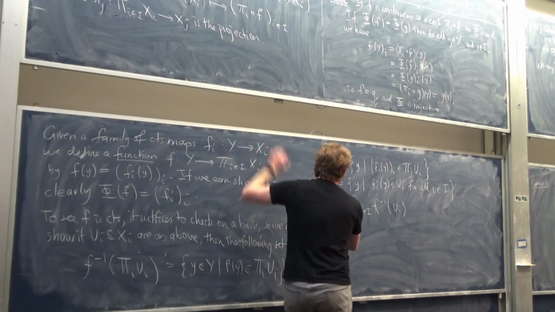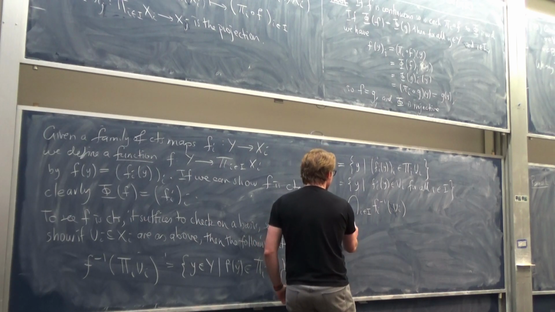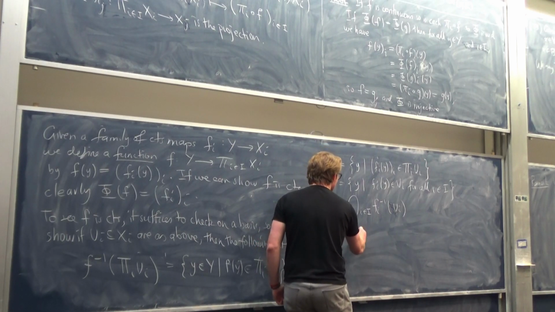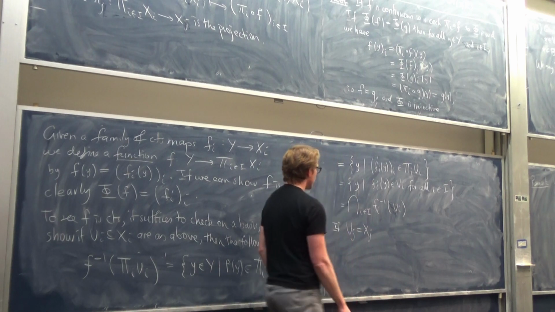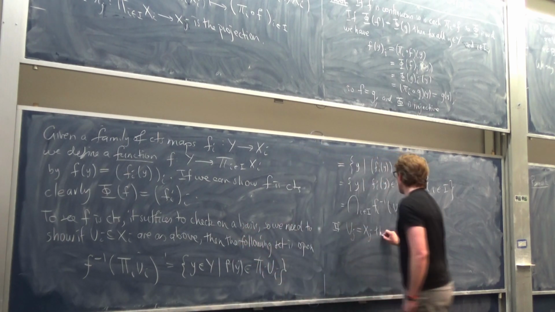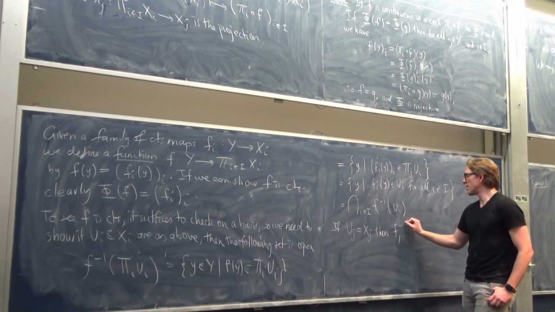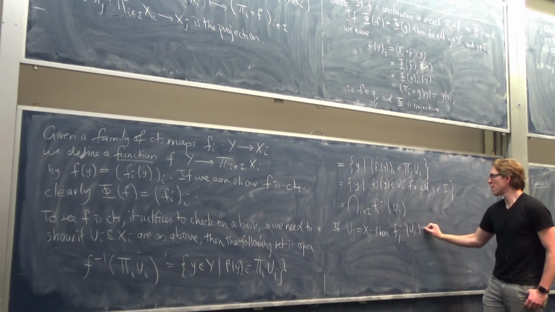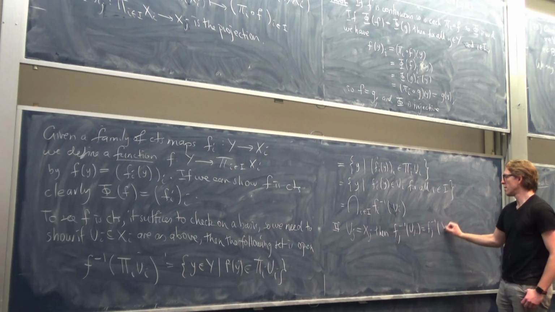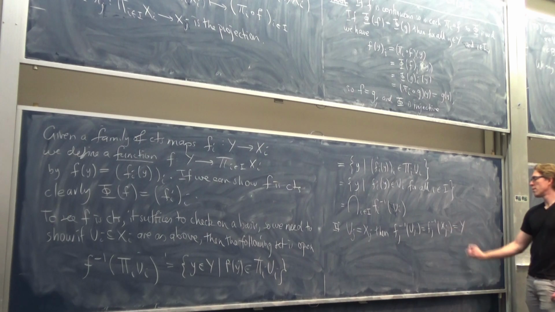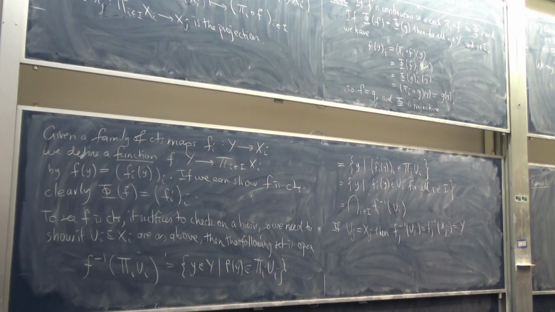Because if we have some Uj equal to Xj, then that term in the intersection will just be the inverse image of everything, which is Y. And if I have a big intersection and there's a Y in it somewhere, well, Y intersect with anything doesn't do anything, so I can just leave those out of the intersection, right?